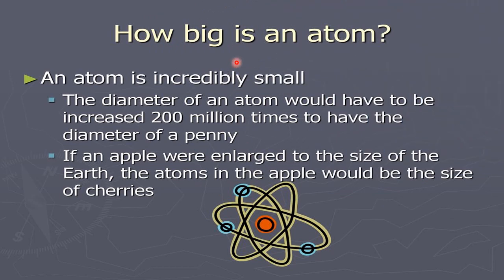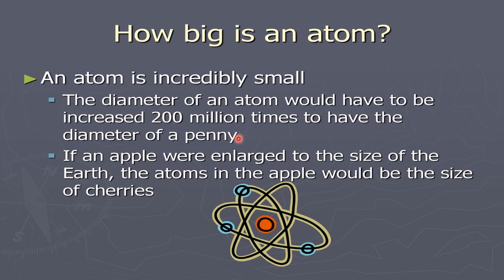How big is an atom? An atom is incredibly small. So small it is. The diameter of an atom would have to be increased 200 million times to have the diameter of a penny, a small coin. That means, bring to your mental picture a small coin and its diameter.